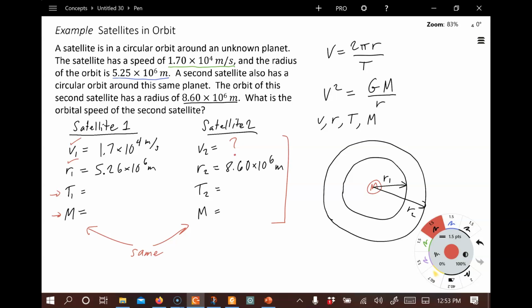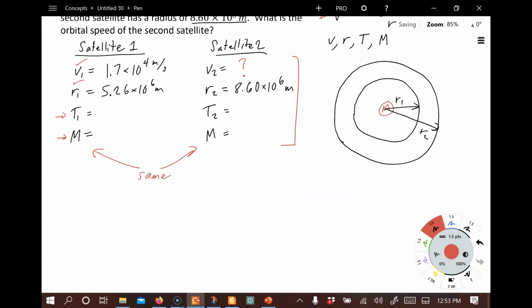All right, so let's go ahead and do that. Which equation do I want to choose to solve for big M from satellite 1? Well, it looks like we might want to do this one here because we know what V and R are equal to, and we can solve for M. We just look up G. So let's go ahead and write that down here.